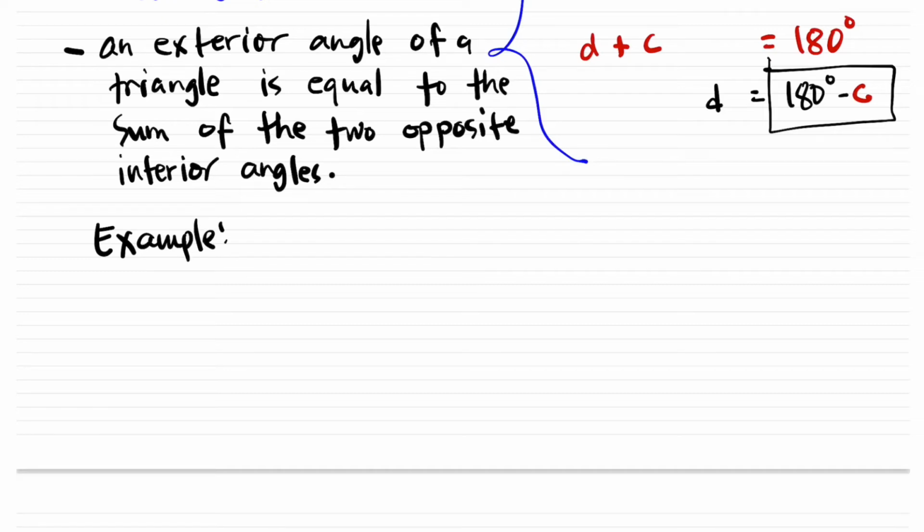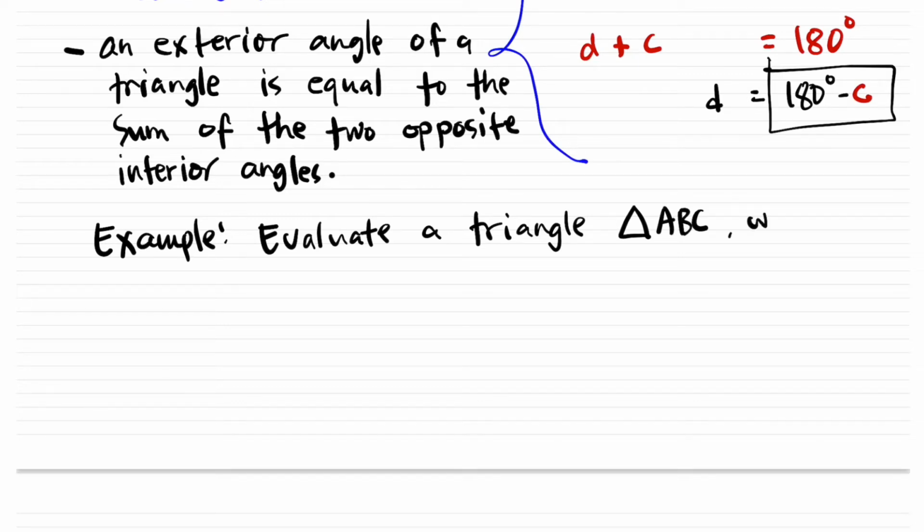Alright, example. We evaluate a triangle ABC, where angle A is equal to 40 degrees and angle B is equal to 60 degrees.